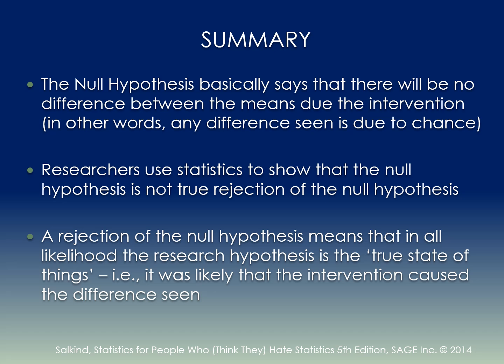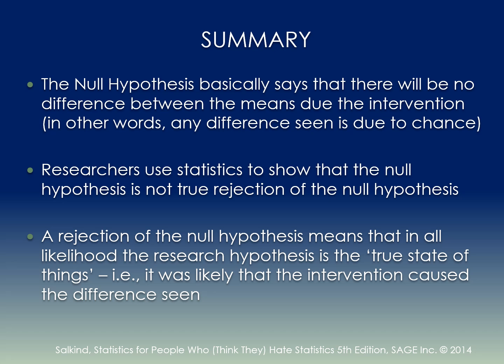And so researchers use statistics to actually show that it wasn't chance that caused the difference. And if you show that it's not chance, you can actually reject the null hypothesis. We actually use the word reject. It's kind of a harsh term to use. So the researchers reject the null hypothesis. Translation: by using statistics, we've shown that there is no chance, or a very, very, very small chance, that what we saw here actually happened by chance.